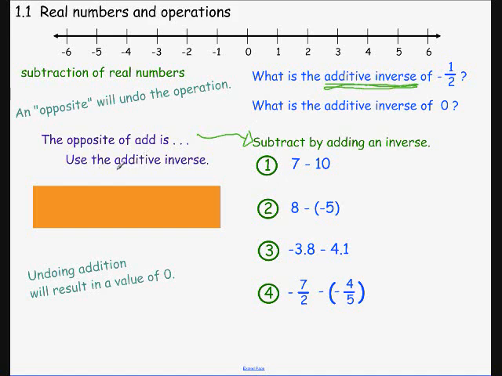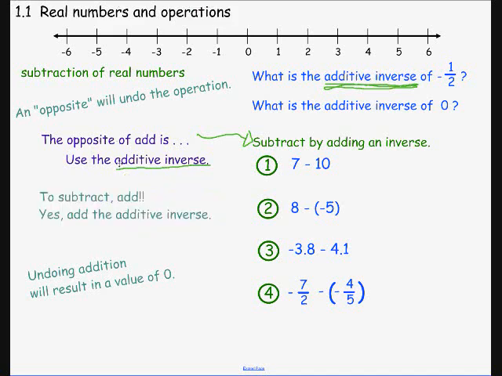We can use the additive inverse. What in the world is the additive inverse? To subtract, you're going to add. And what do you add? Well, in order to make this work, you have to add the opposite sign.